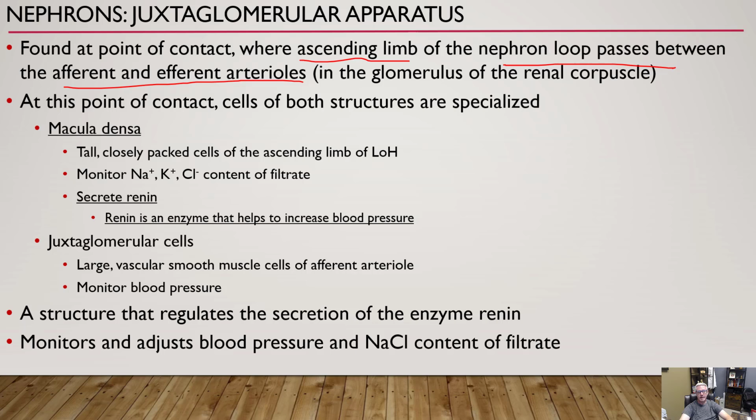If there is no macula densa, then the fetus would not be able to detect sodium, potassium, or chloride ions, and therefore would not be able to secrete renin in response to that. So the fetus would not have renin regulation of blood pressure.